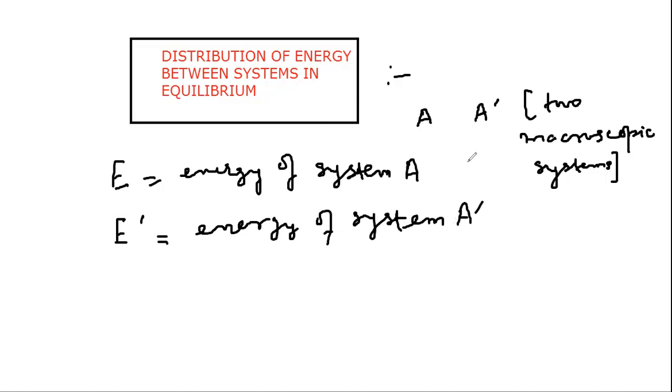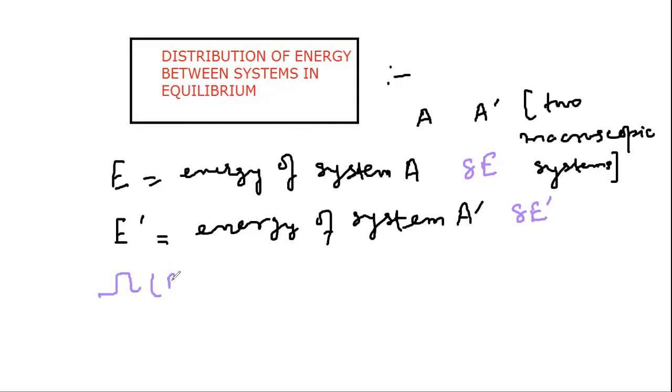So we divide the energy scale pertaining to system A into small equal intervals delta E, and in case of system A prime, our small equal intervals in energy are delta E prime, right?